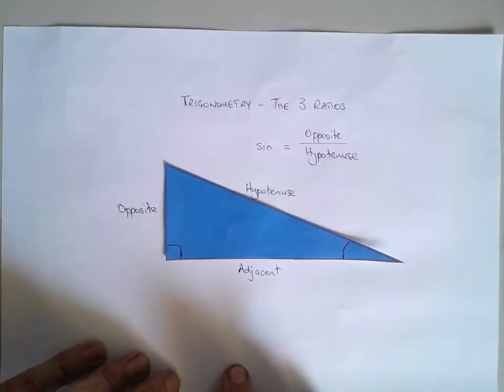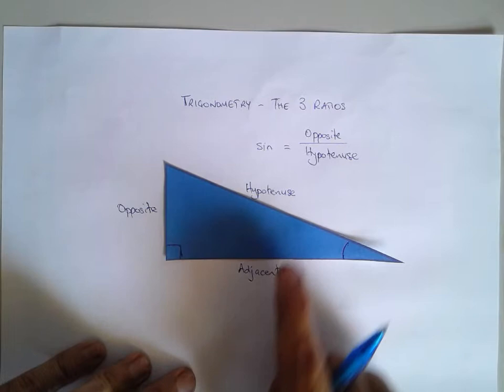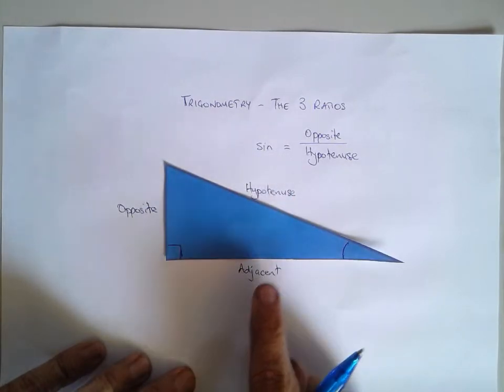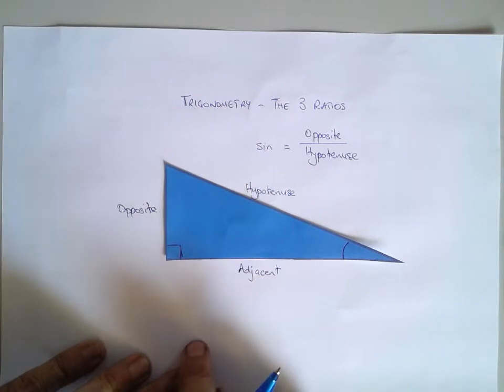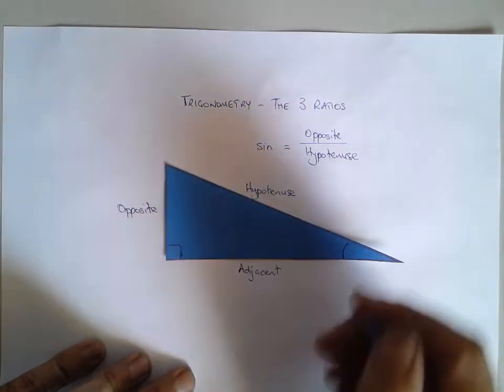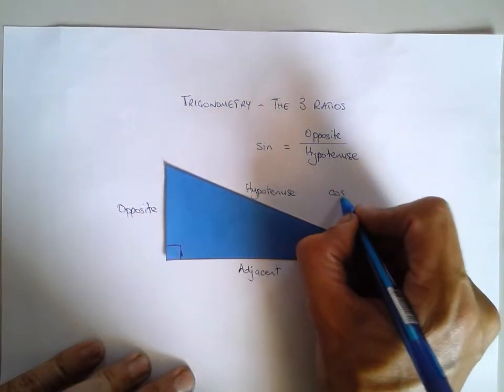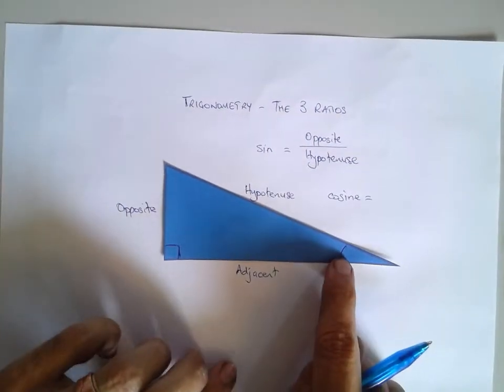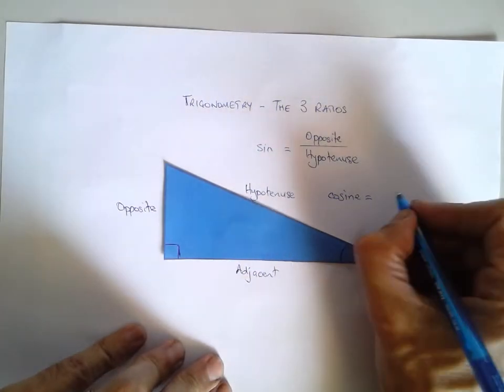Let's pick another pair, the adjacent and the hypotenuse. The relationship between the adjacent and the hypotenuse for this angle we're going to call the cosine of the angle. The cosine of this angle here is the adjacent divided by the hypotenuse.